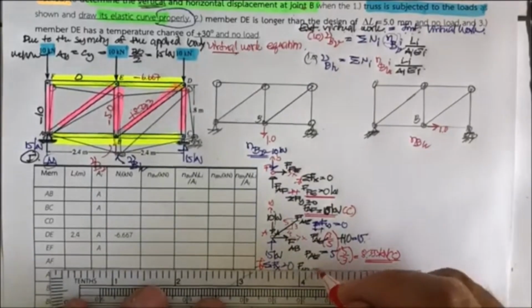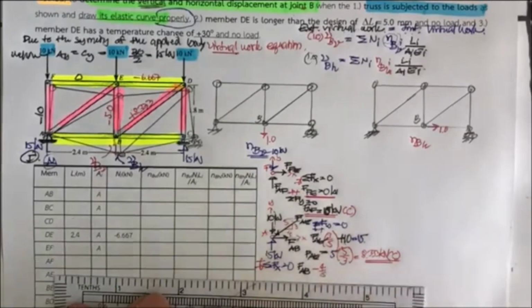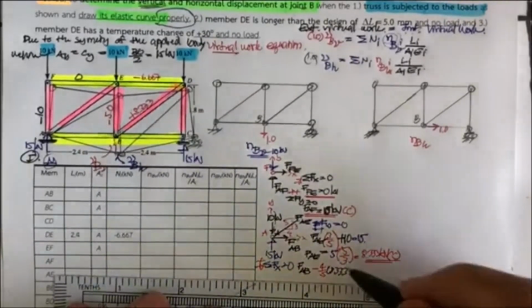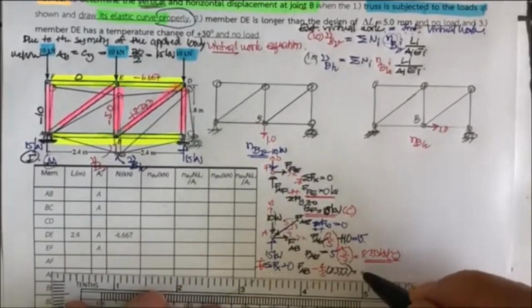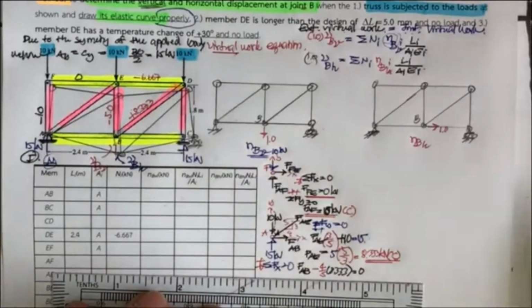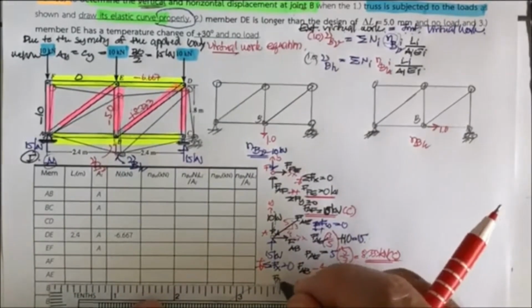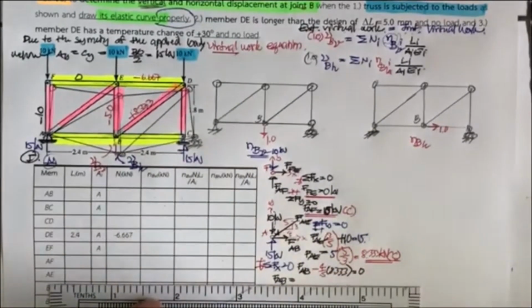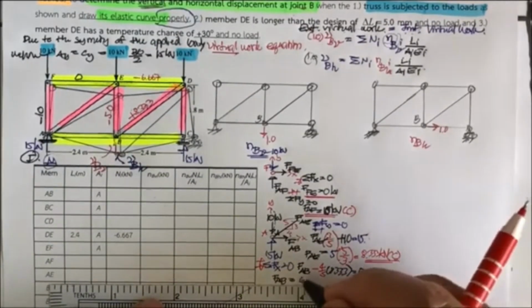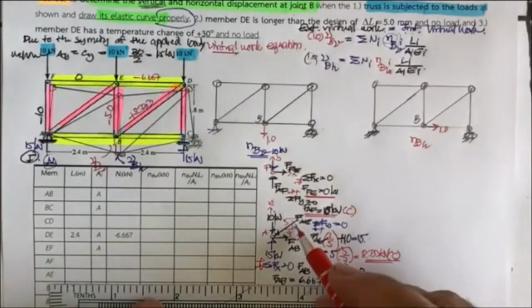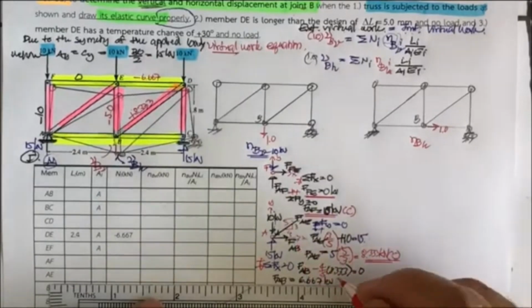So it's minus 4 over 5 times F sub AE, which is 8.333. Okay, so it's equal to 0. And then when you push it into the calculator, you will get F sub AB equal to 6.667 kilonewton, and it's going to be in tension.